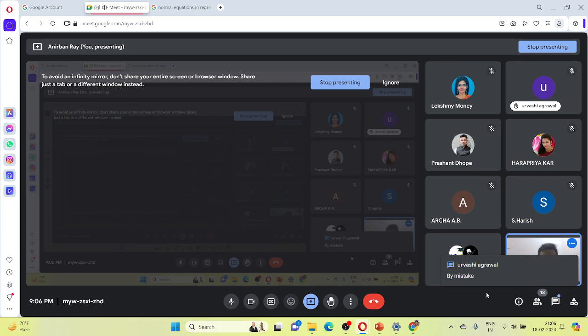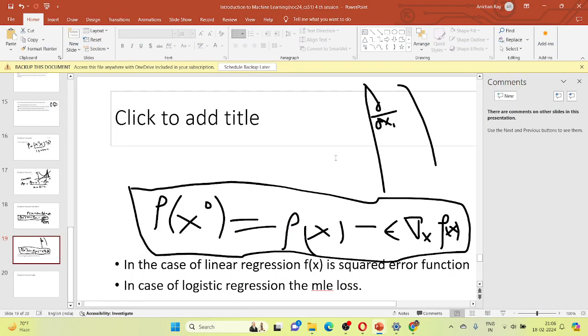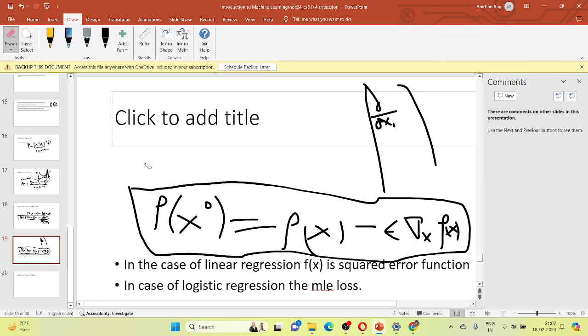Okay, by mistake, I also made a mistake here, and that is this will not be f here actually, but x only. We are updating the... no, not x as well. Let me see. Okay, this is okay.